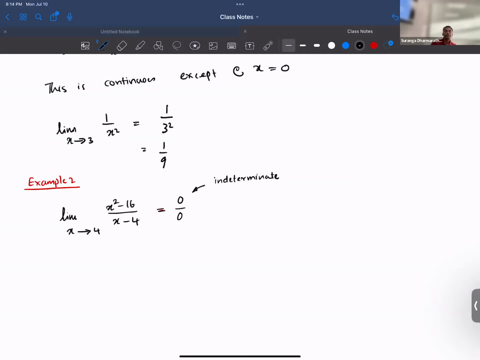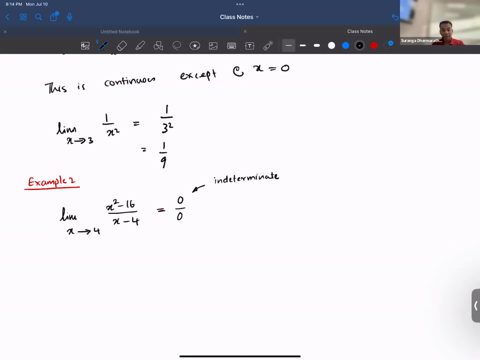What are the other instances where we get indeterminate problems? We get indeterminate problems when we have situations like infinity divided by 0, infinity multiplied by 0, infinity minus infinity, and the last one, 0 divided by 0.